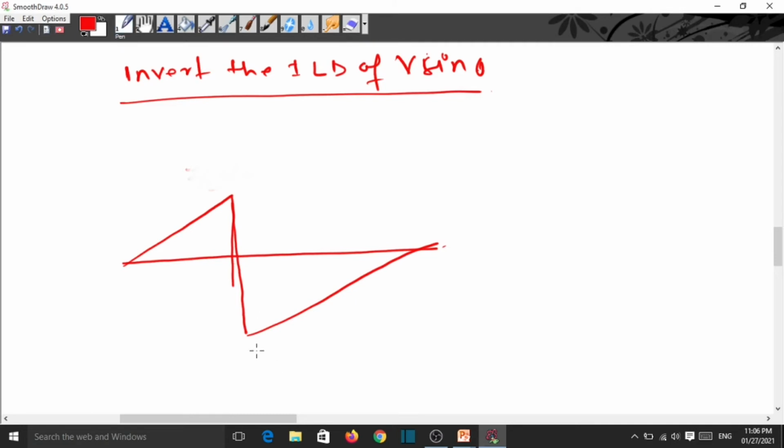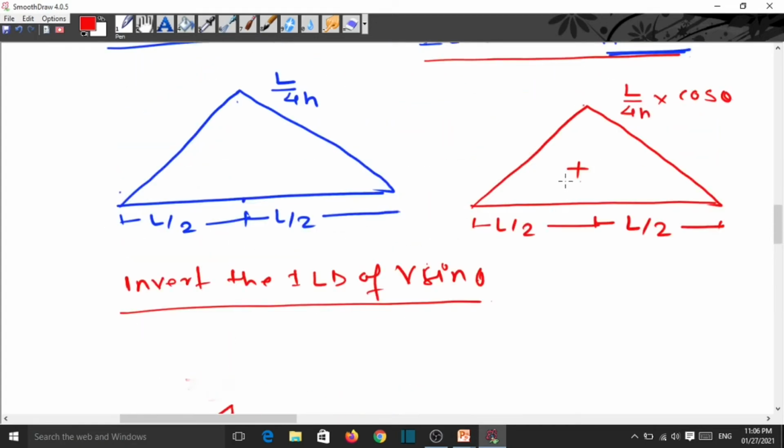This is 1 minus Z by L into sin theta, and this is the plus, and this is Z by L sin theta, and this quantity is the minus.